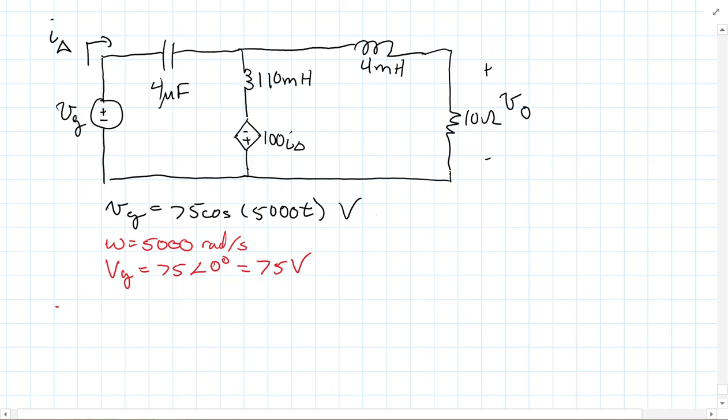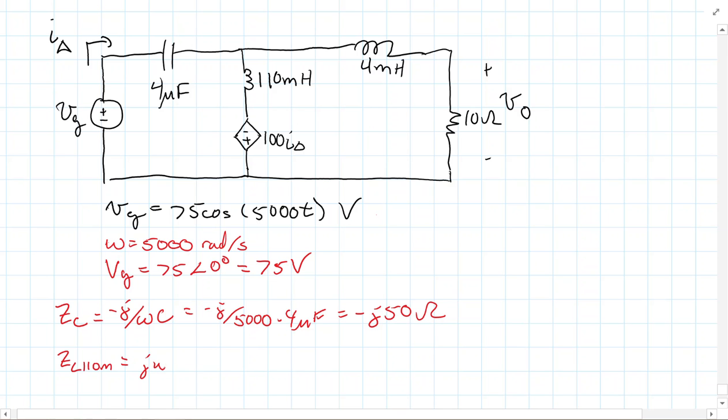Then we have to, of course, compute the impedances of my components. So the capacitor is minus j over omega c, minus j over 5,000 times 4 microfarads, which is negative j 50 ohms. And then we have two inductors. So this will be the 110 millihenry inductor.